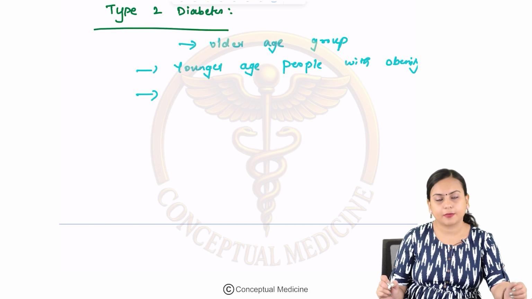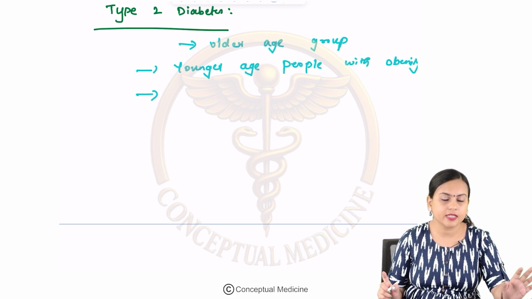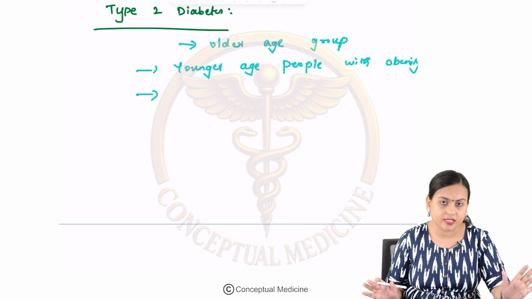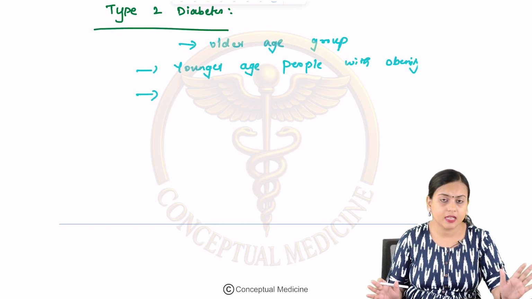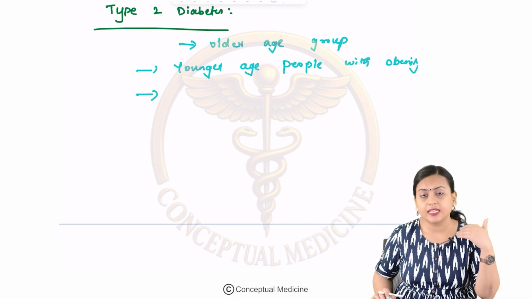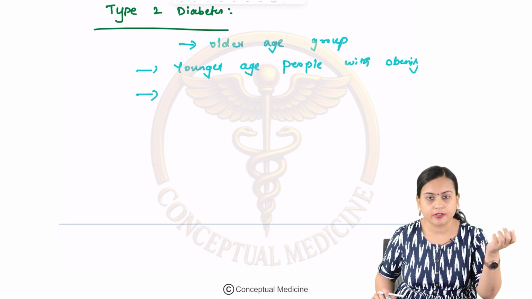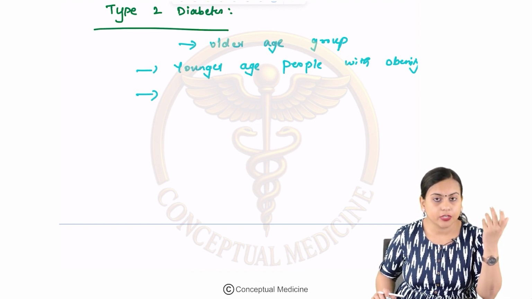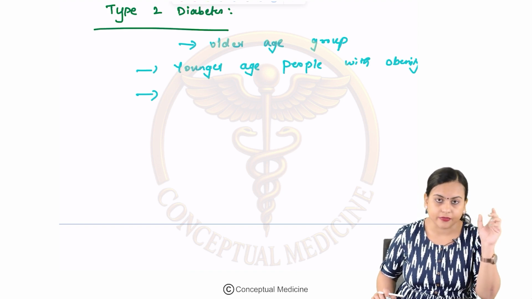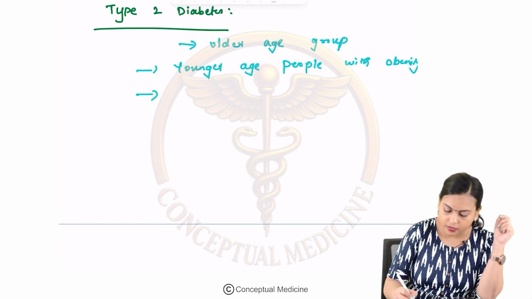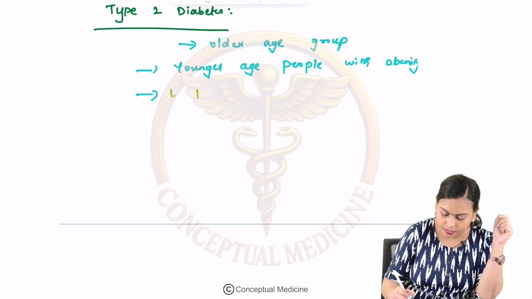What is happening in type 2 diabetes? There is increased peripheral insulin resistance, and there can also be associated pancreatic beta cell dysfunction.